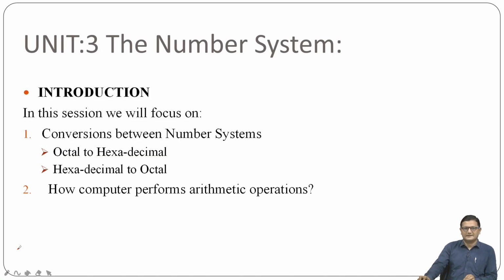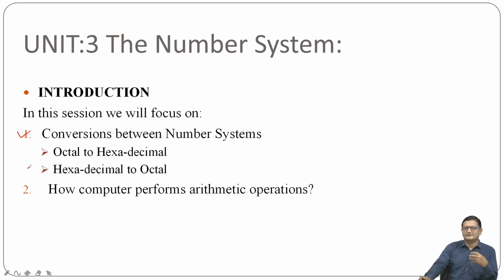Now in this session we will try to see how we can convert a hexa number given to you into the octal number system, or suppose an octal number is given to you and you want to convert it into hexadecimal, then what do we need to do, right?